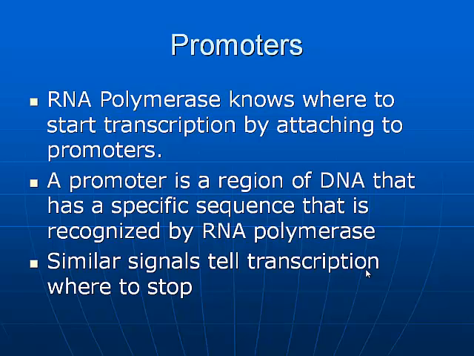Now, the RNA polymerase will go in, attach itself to the DNA at that promoter, and begin transcription from that point. So the promoter is necessary for transcription to even occur. There needs to be a signal to RNA polymerase that this is where transcription starts. There are also similar signals that tell transcription where to stop, but we're not going into that today.